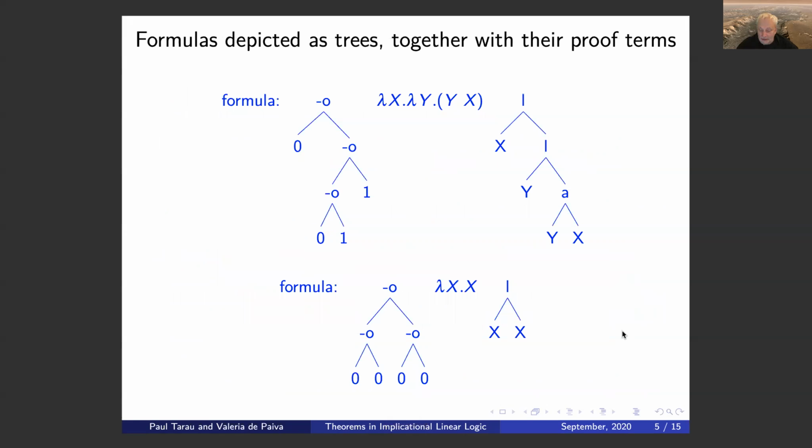And this picture shows on the left an implicational formula with the lollipop notation. And on the right side, we have the corresponding lambda term. So I'm using L here for lambdas and A for applications. So this is lambda x, apply lambda y, apply y to x.